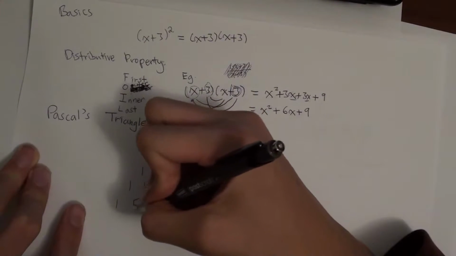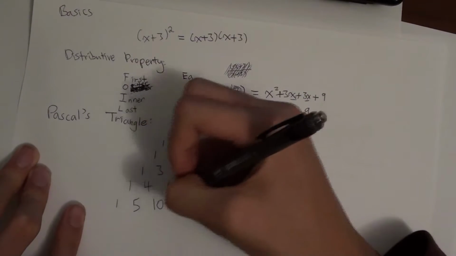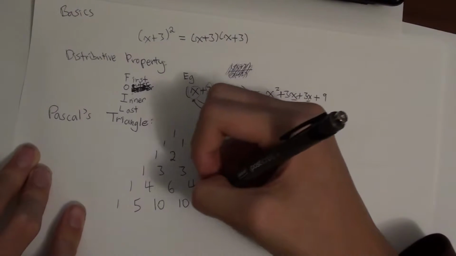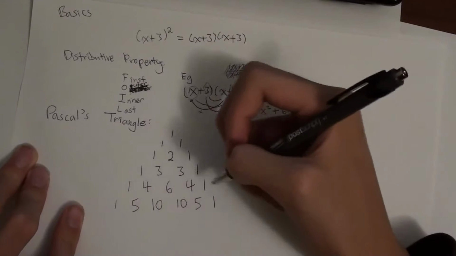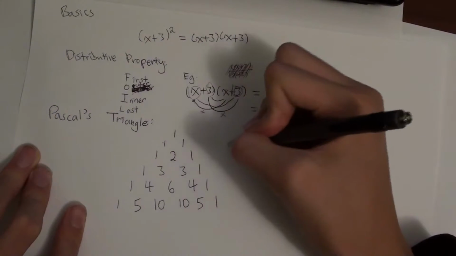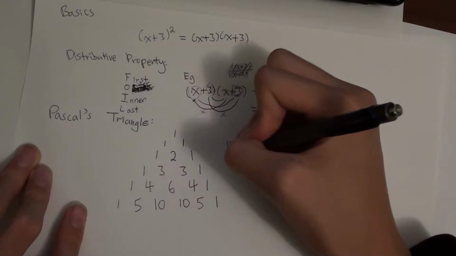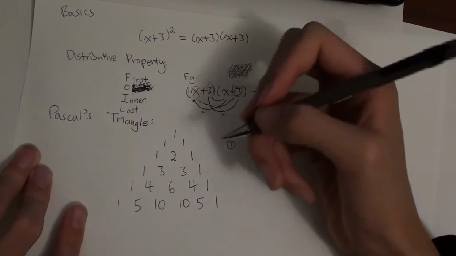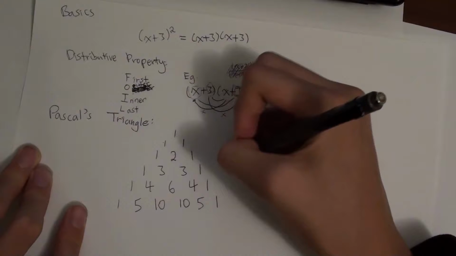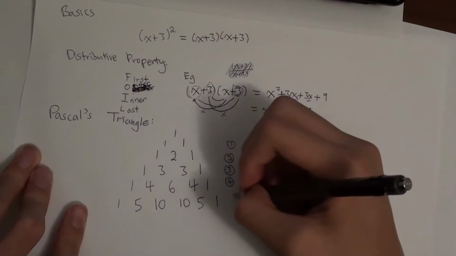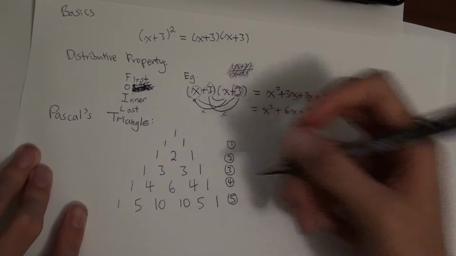1, 1 plus 4, 5, 4 plus 6, 10, 6 plus 4, 10, 1 plus 4 plus 1, 5, and 1. This is the first actual layer. This is the second actual layer, third actual layer, fourth actual layer, fifth actual layer.